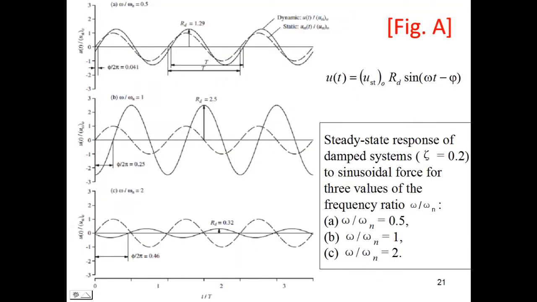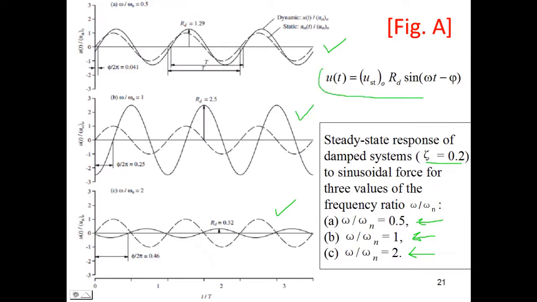The following figure shows the steady state response of damped systems when zeta equals 0.2 to sinusoidal force for 3 values of the frequency ratio omega over omega n. A, omega over omega n equals 0.5, B, omega over omega n equals 1, and C, omega over omega n equals 2.